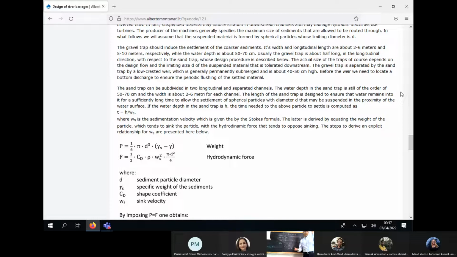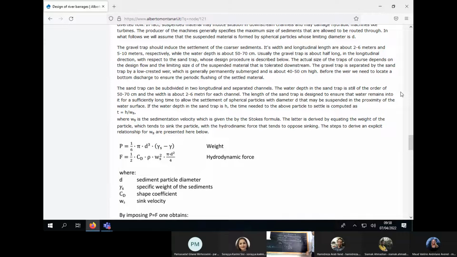Gravity brings the particle down, and I have to check that the motion is something like this. So the sand trap should be long enough to allow the particle located on the water surface to reach the bottom.